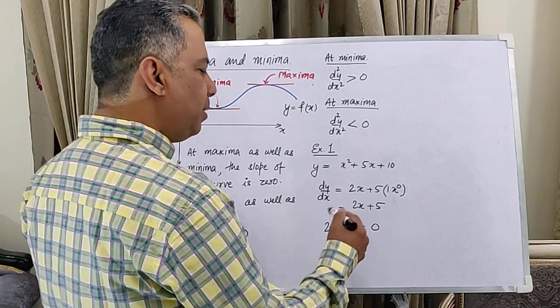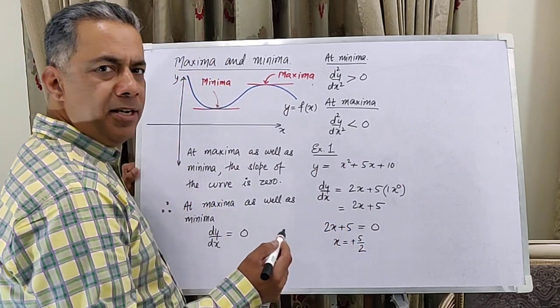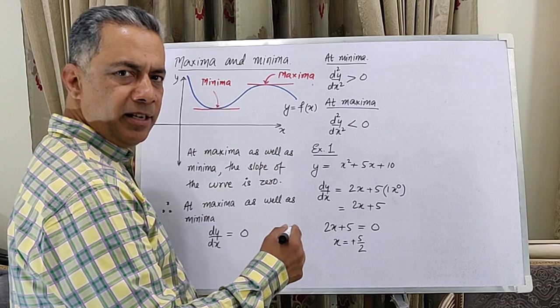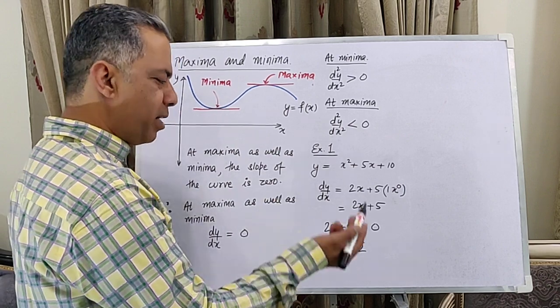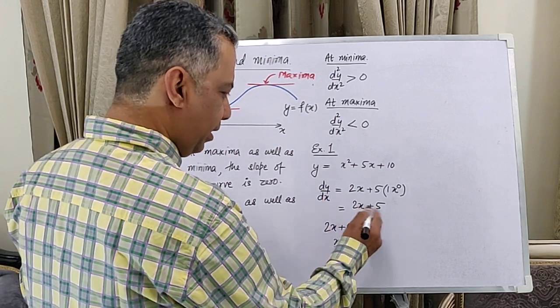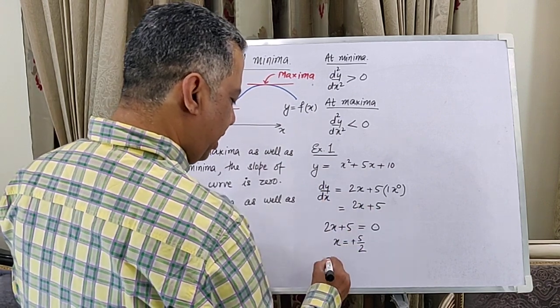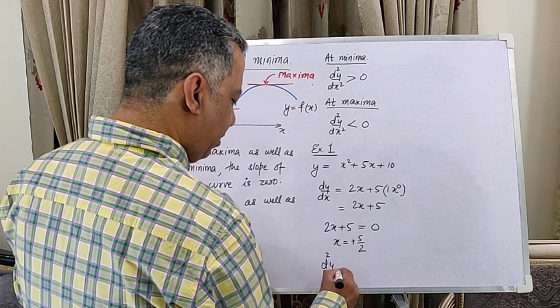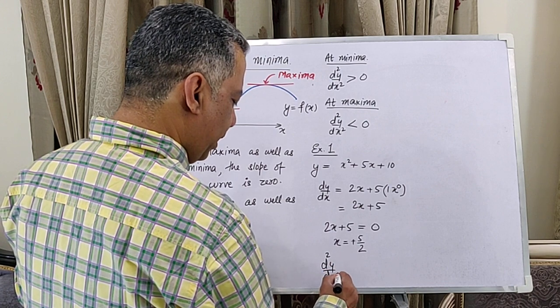Now whether it's maximum or minimum can be determined only after differentiating one more time. Now this 2x plus 5 was dy by dx.